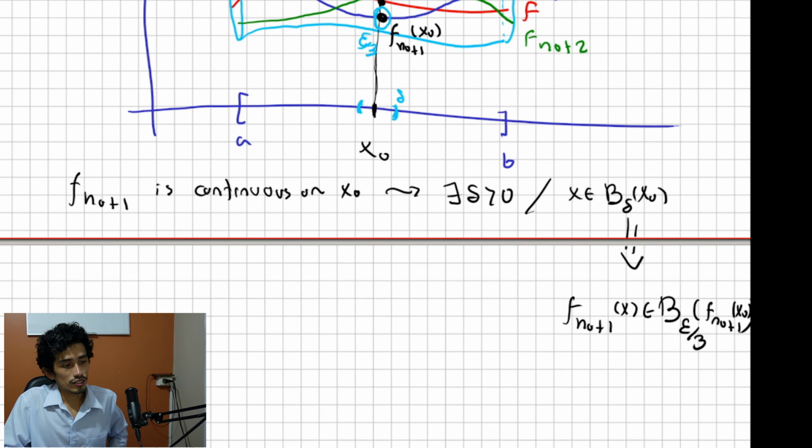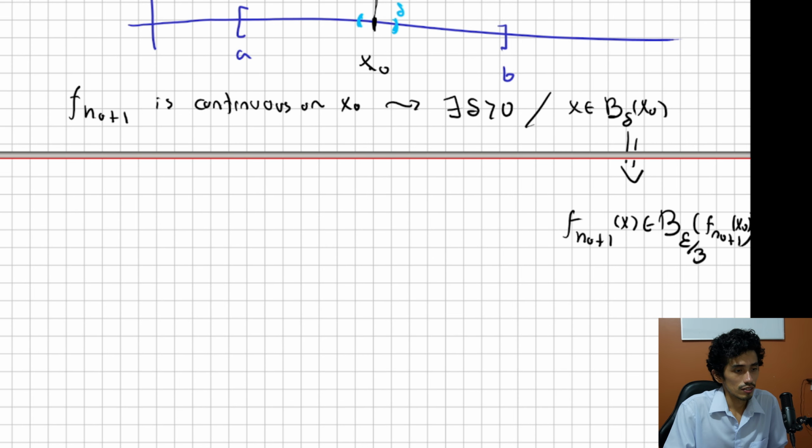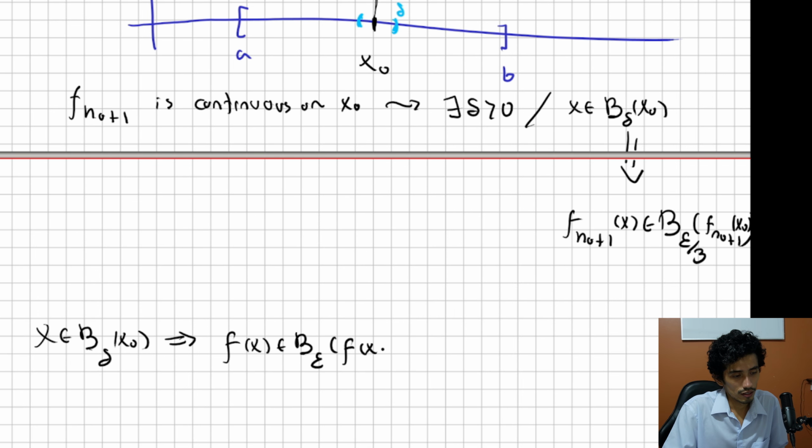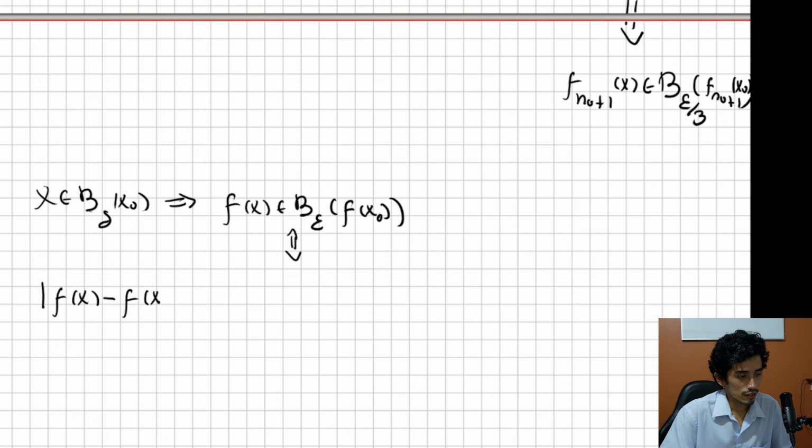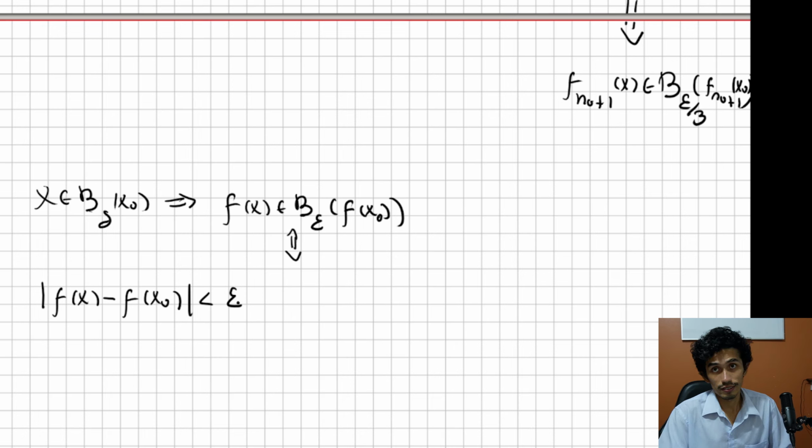All right, and so we want to show that for every x in this neighborhood, f of x will be inside this one. And how is that? Well, this is the case if and only if the absolute value of f(x) minus f(x0) is smaller than epsilon, right?